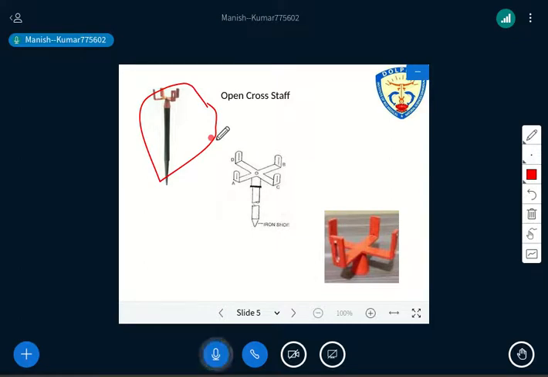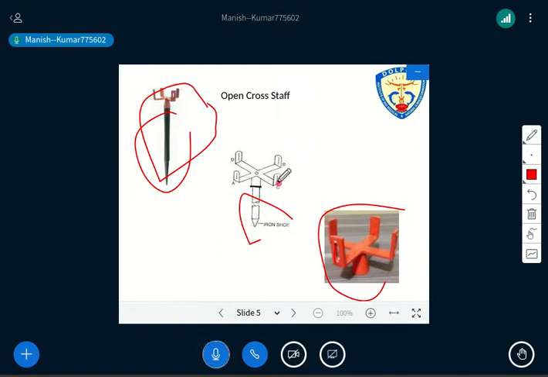Here you have seen two lines of sight, both perpendicular to each other. It is made of metal, and then we need one stand to fix it for this open cross staff. This is the base, where the iron shoe is used to fix it, right? And we have a slit here.